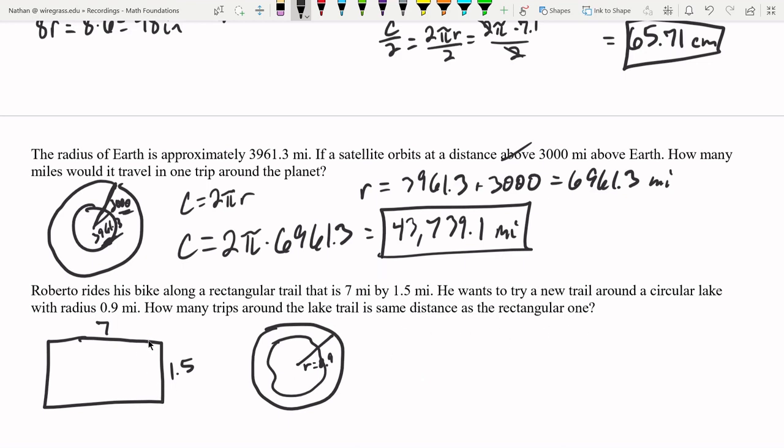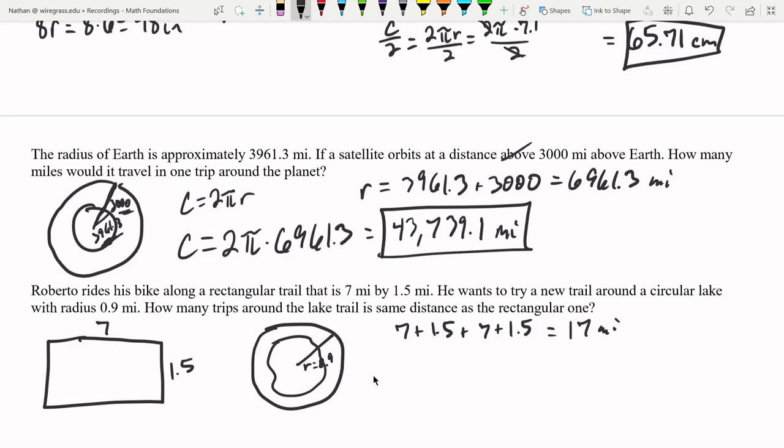So the perimeter of this, if we just do one trip around, is going to be 7 plus 1.5 plus 7 plus 1.5. 1.5 and 1.5 is 3, 3 and 7 is 10, and plus 7 is 17 miles. So it's 17 miles around this trail.